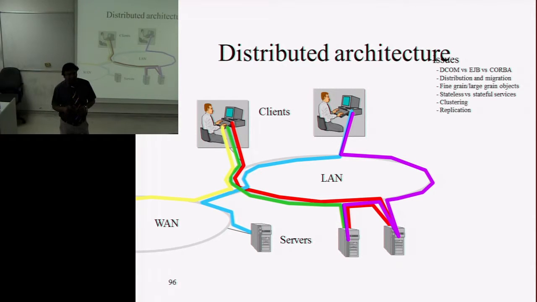CORBA bridges the architecture of different programming languages developed by different vendors, so that they can intercommunicate with each other to achieve interoperability. So they can communicate with each other, like Java to .NET, Java to C, C to C++.